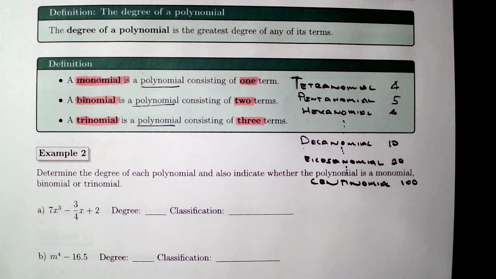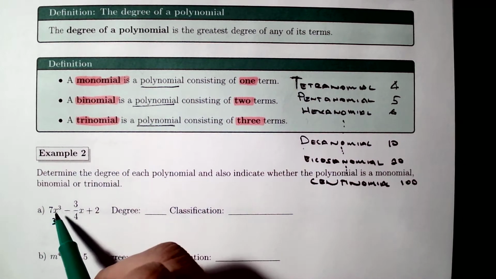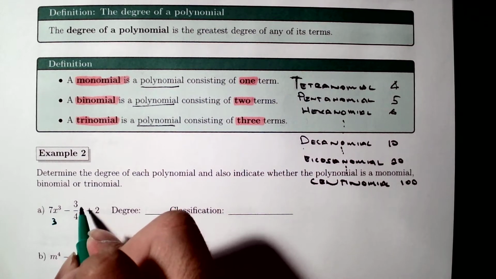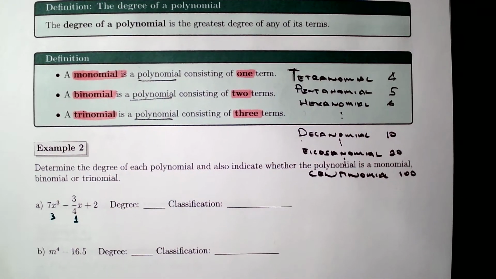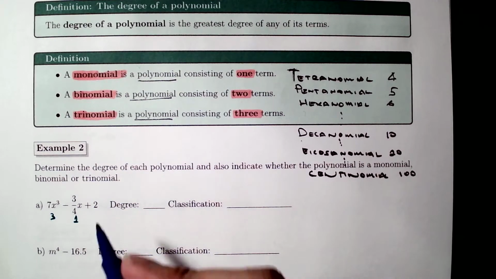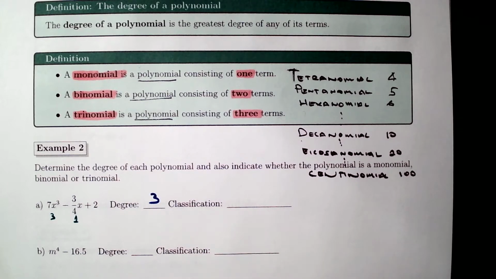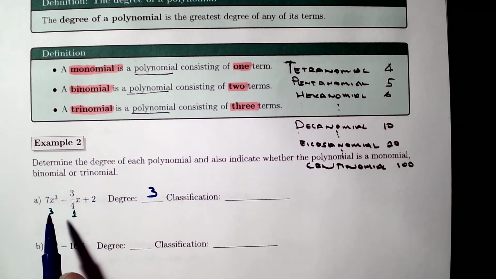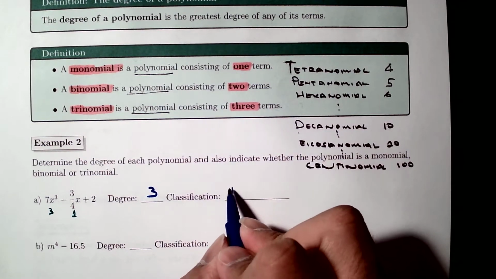In this case, this is degree 3 because the power of the variable is 3. This is an invisible 1, so the degree is 1, and in this case it's just a constant term. So the degree is 3, and we classify it based on the number of terms. We have 1, 2, 3 terms. That's a trinomial.